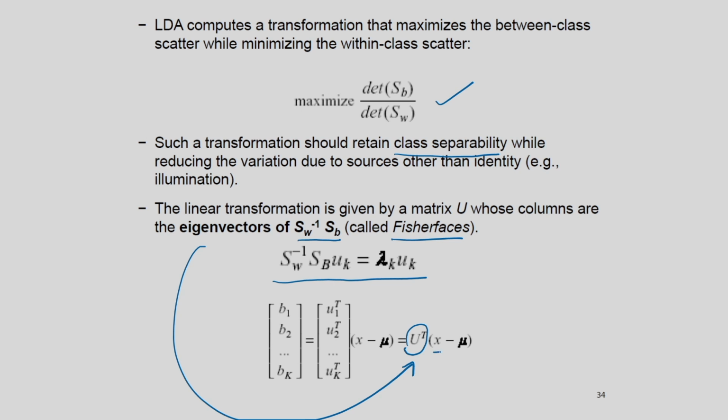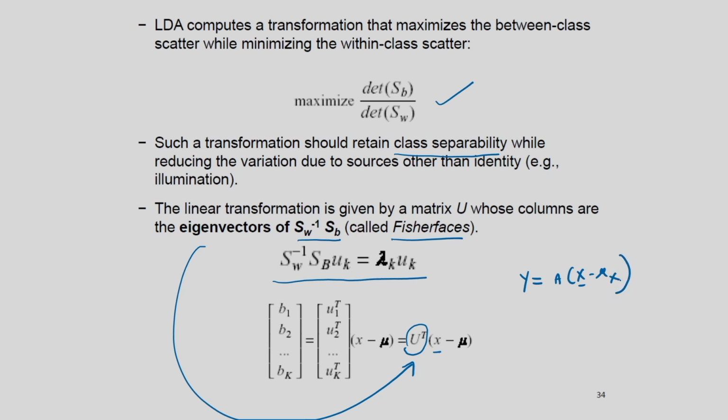So, X is the input data minus mu, that is, the mean is subtracted from the input data, that means the input data is normalized, and after this I am considering the transformation. The transformation is y equal to U transpose (x minus mu). In case of the KL transformation, what I have considered is y equal to A (x minus mu).